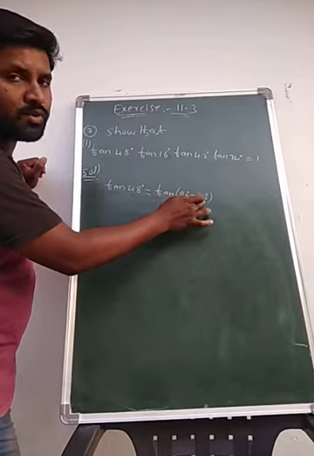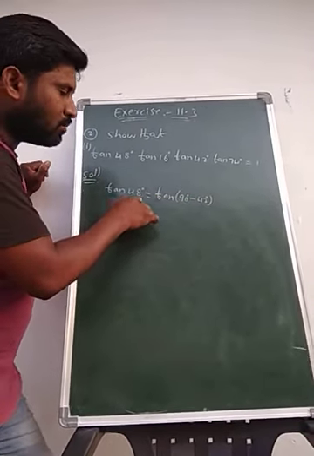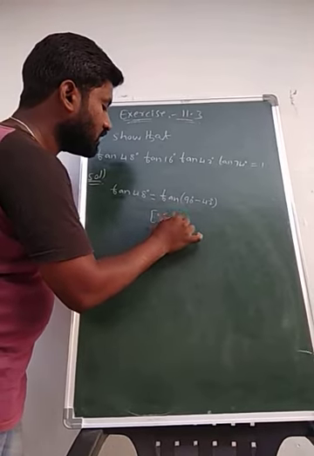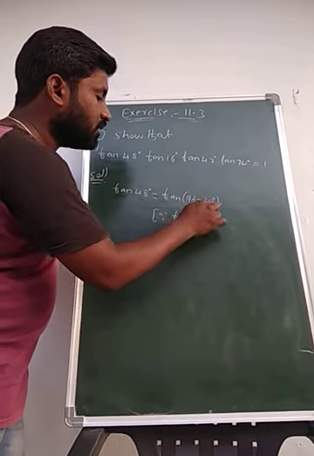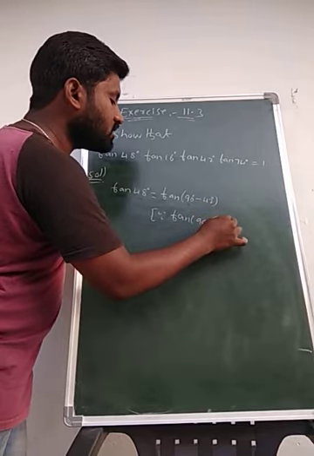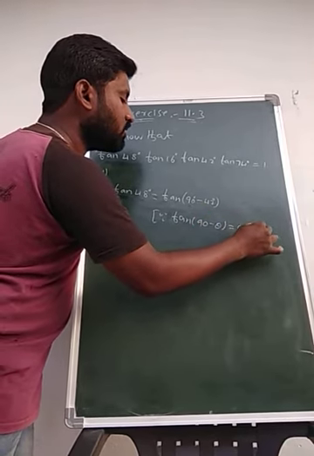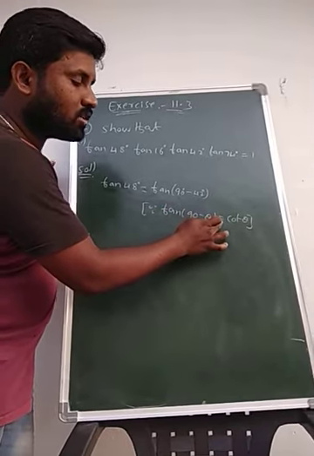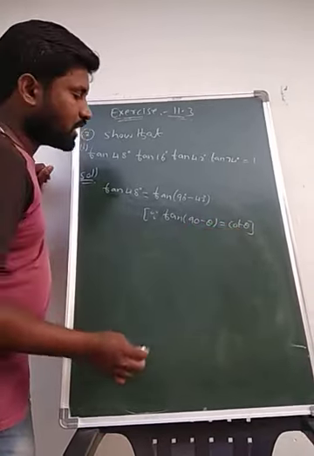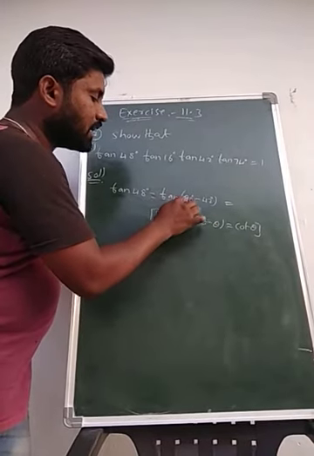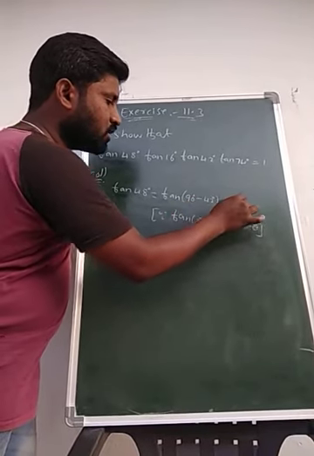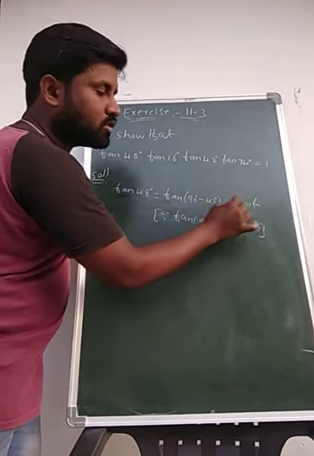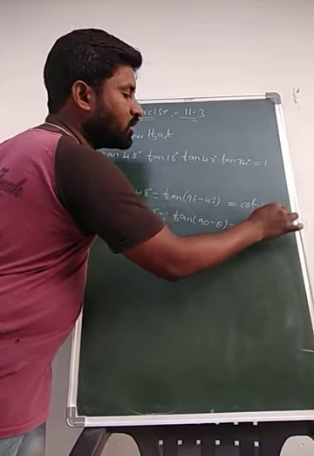But the formula is useful here, the same formula: tan 90 minus theta is equals to cot theta. So tan 90 minus 42 degrees we can write as cot theta, with theta as 42 degrees.